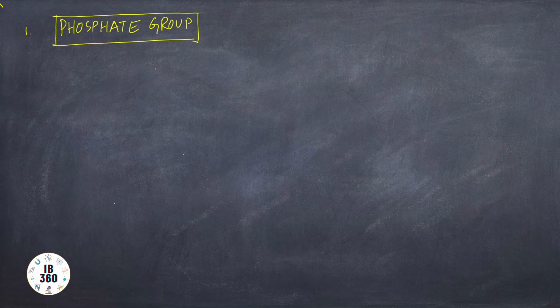Guys, welcome to IV360. Today we will talk about some basic concepts of molecular biology, and one of them is the phosphate group. The second thing we will talk about is the difference between the terms diphosphate and bisphosphate. We often use these two terms interchangeably, but that is not correct.